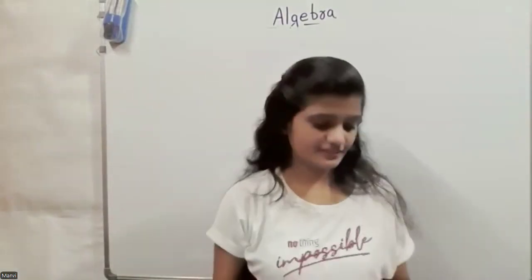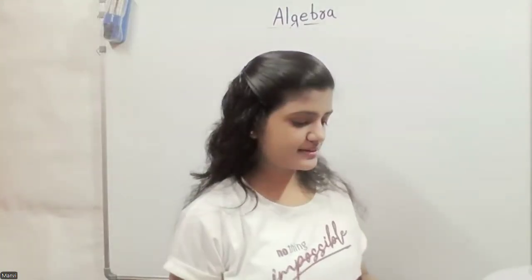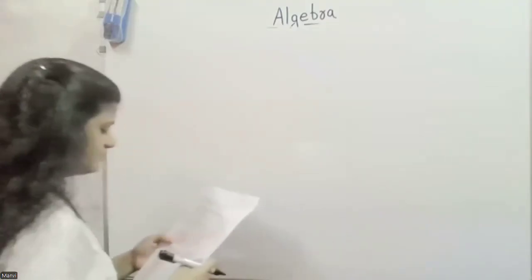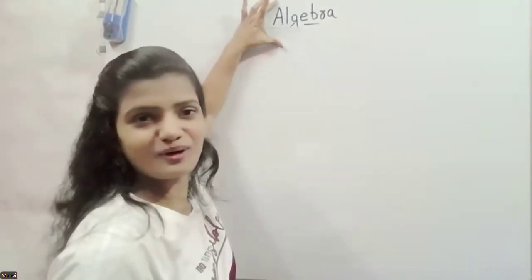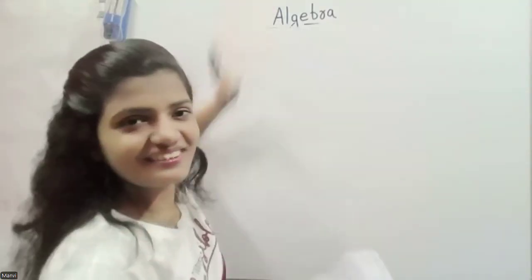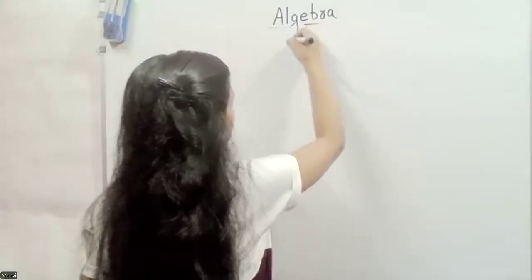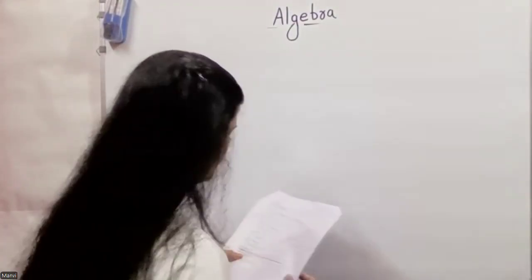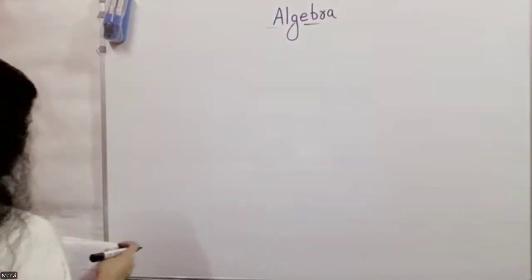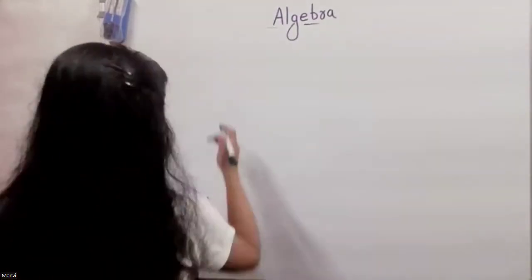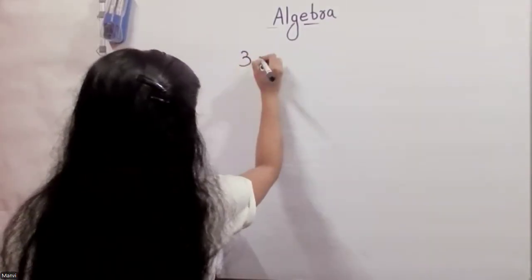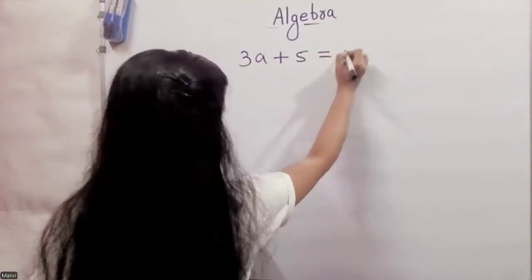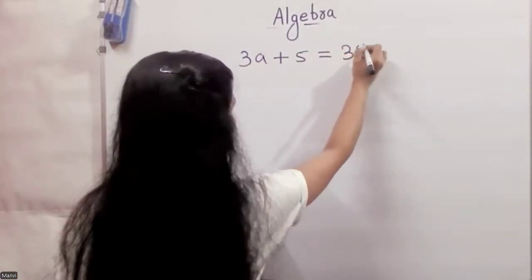Now, our next topic is algebra. In algebra, for example, we have something like 3a plus 5 equals 35.